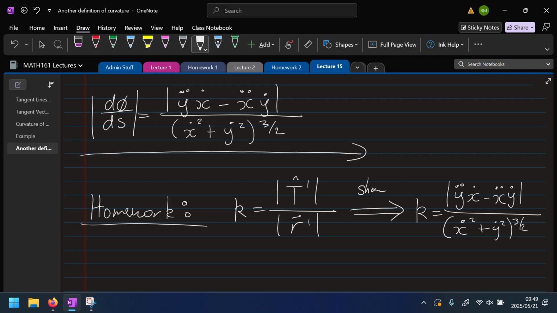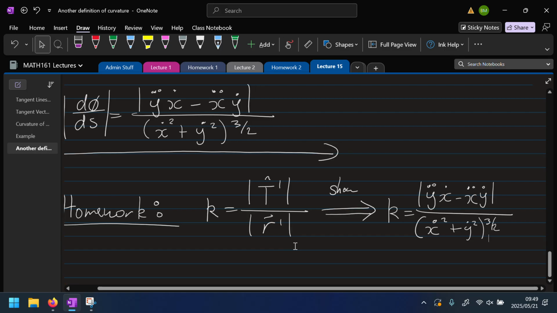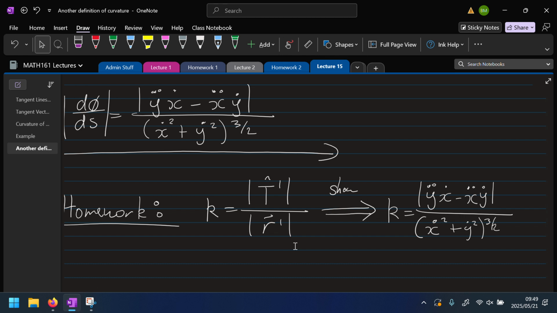You can sort of see how that works out. In the bottom there, that's the speed. Remember, that's your x dot squared plus y dot squared with the root. And in the top, that is T prime. T was the velocity vector. So you're doing the derivative of the velocity vector.